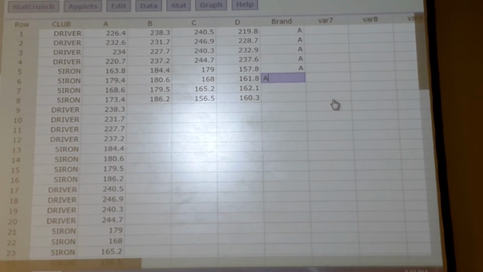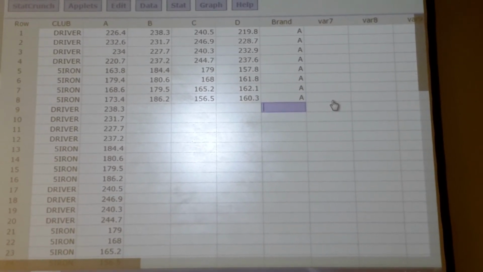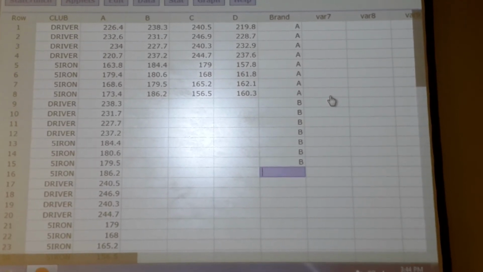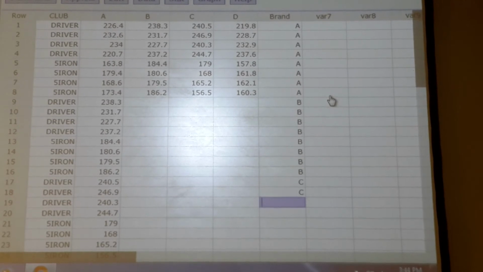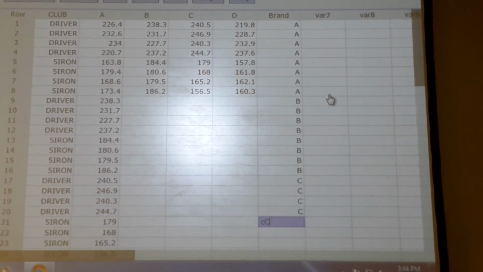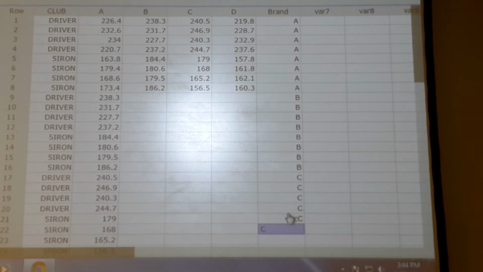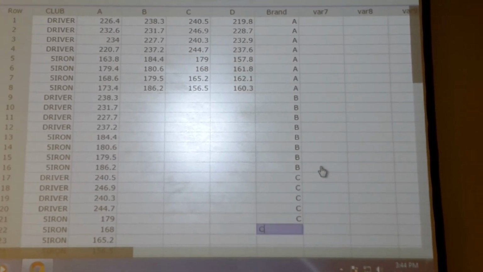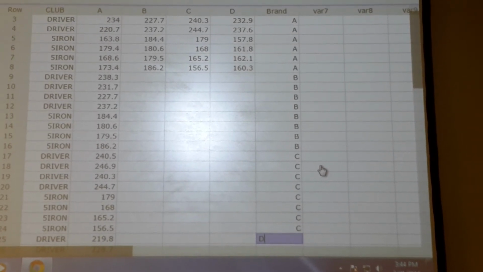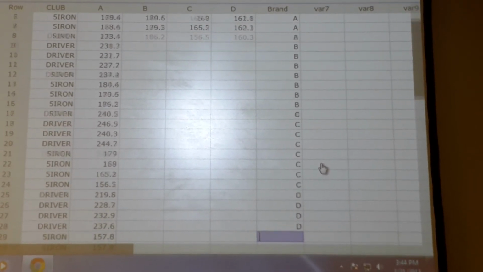A for the first 8 observations, B for the next 8 observations, C for the next 8 observations, and D for the final 8 observations.